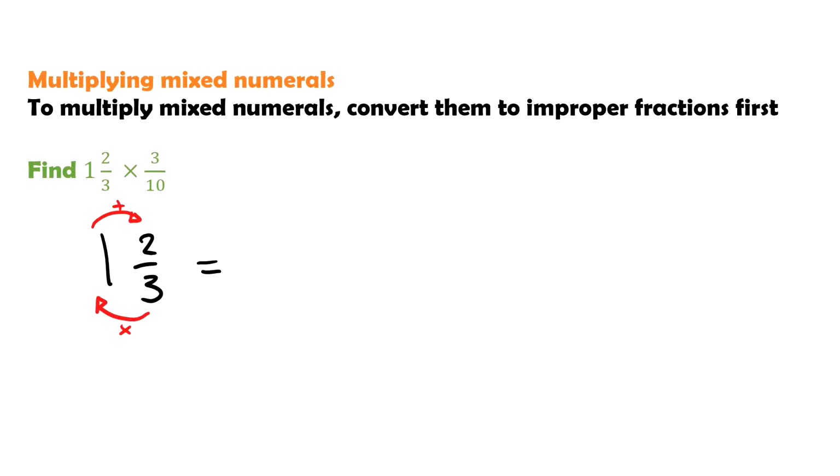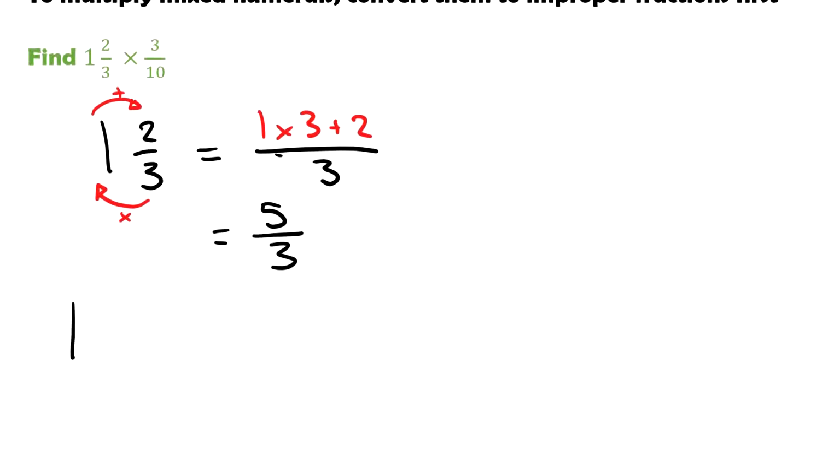So what we end up getting is 1 times 3 plus 2 all over our original denominator. So 1 times 3 is 3, plus 2 is 5 over 3. So now I can rewrite this. So we originally had 1 2/3 times 3/10, and what we end up now with is 5/3 times 3/10.